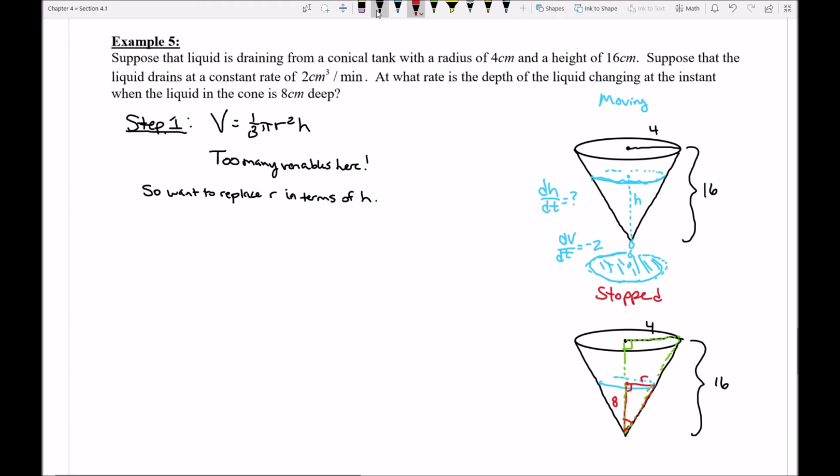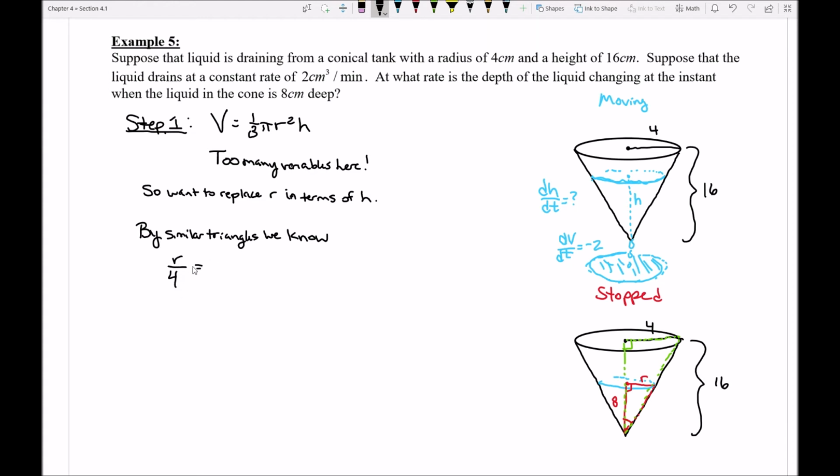And if I have similar triangles, you might recall from like a geometry class that the sides of these triangles then should be in proportion. So I'll state here that by similar triangles, we know that I could say R, the radius of my small red triangle, should compare to the radius of the large triangle, which is 4.